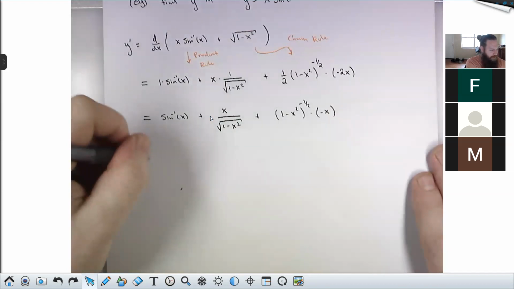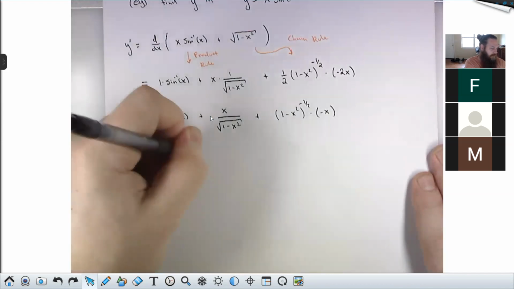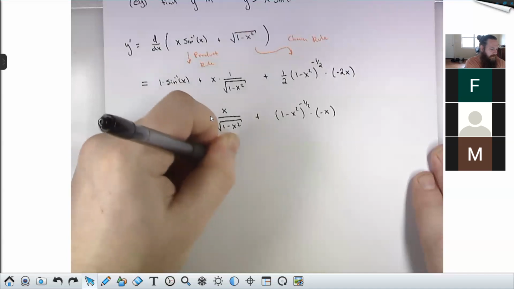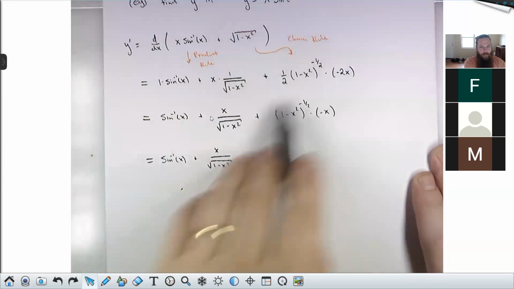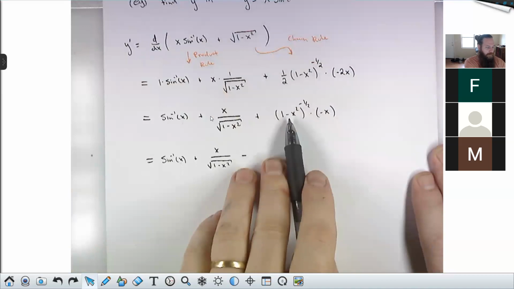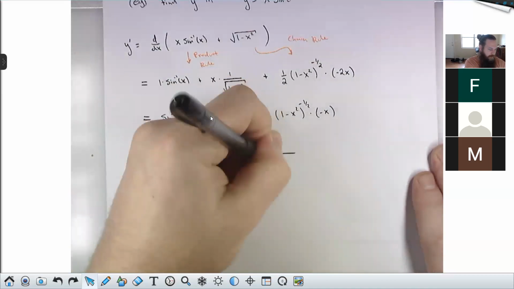And then if you think about this, this is sine inverse of x plus x over the square root of 1 minus x squared. And now this negative here is going to make this whole term negative, so I'll have minus. This piece is 1 over the square root of 1 minus x squared.